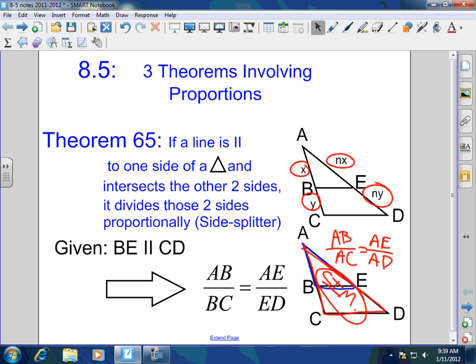That would in that case be transitive. So you would just say transitive property in that case.